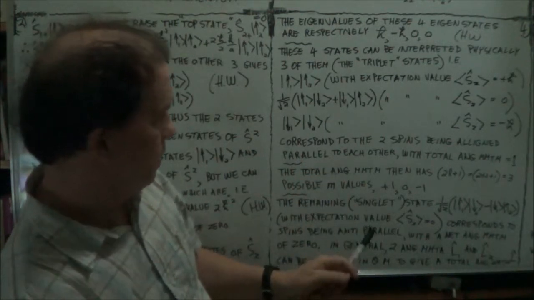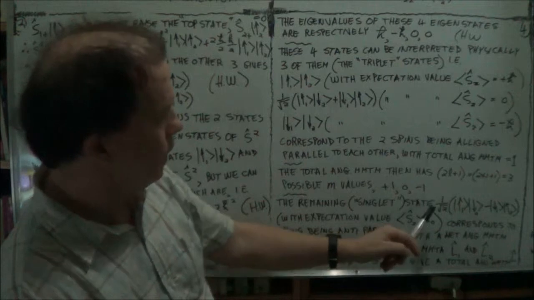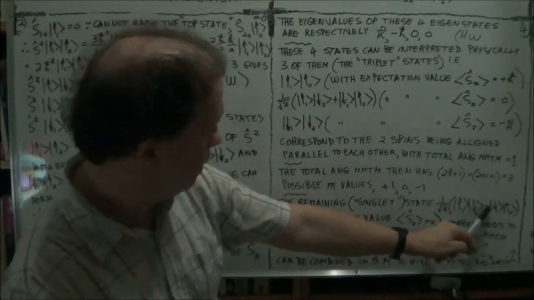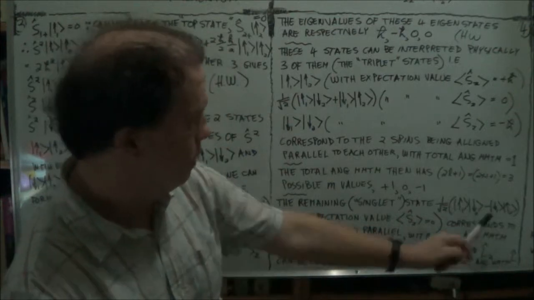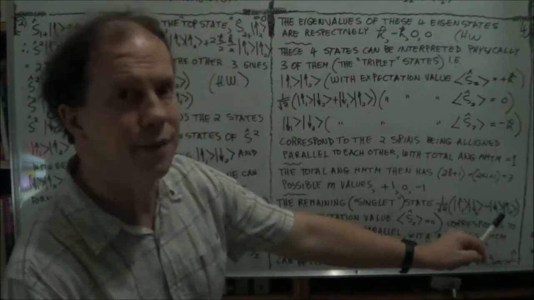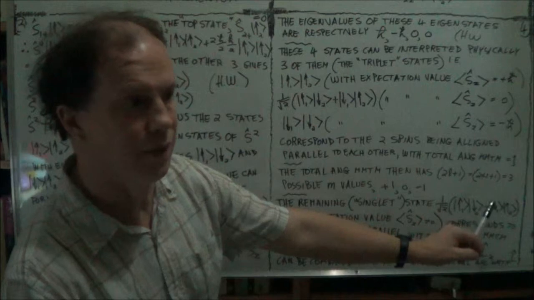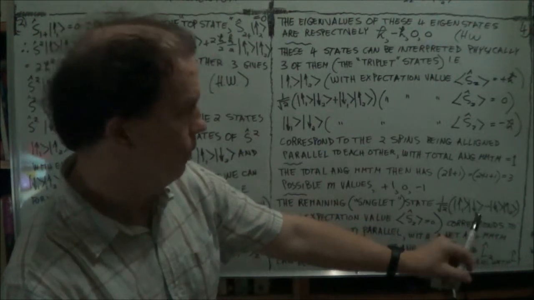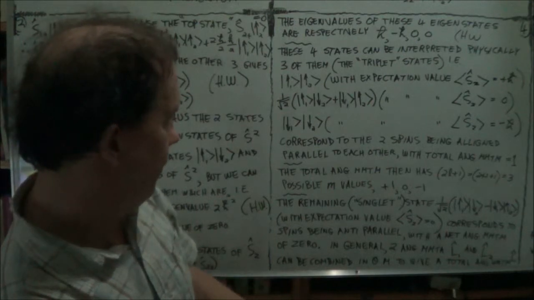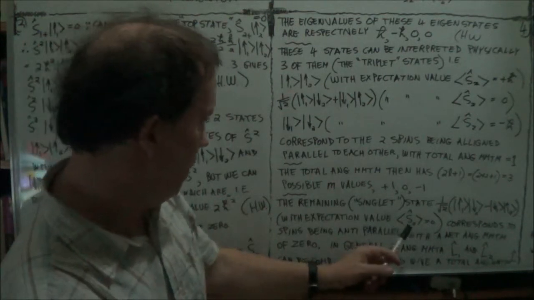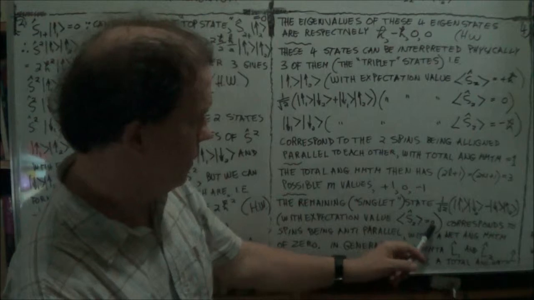Now for the singlet state, that's when you have a minus here where you had a plus before, and the total S is 0. Sorry. And the expectation value will be 0.